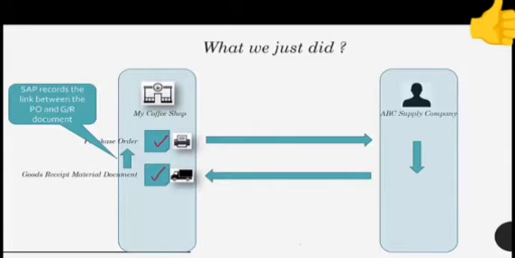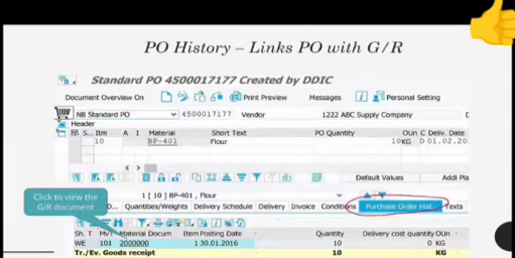And whenever you do a goods receipt, you do it with reference to a purchase order. So this link here is very important. And anybody at any point in time can go back and see the reference linkage between the purchase order and the goods receipt.